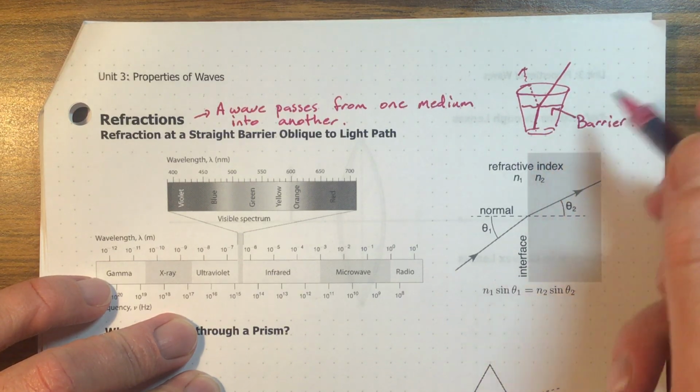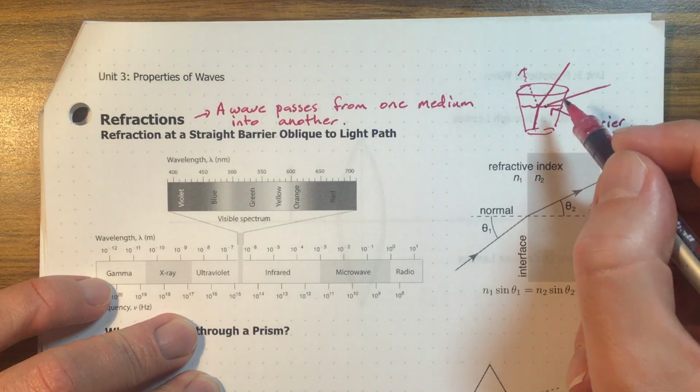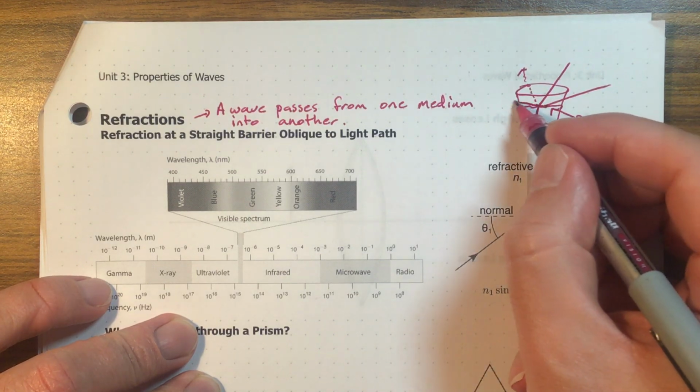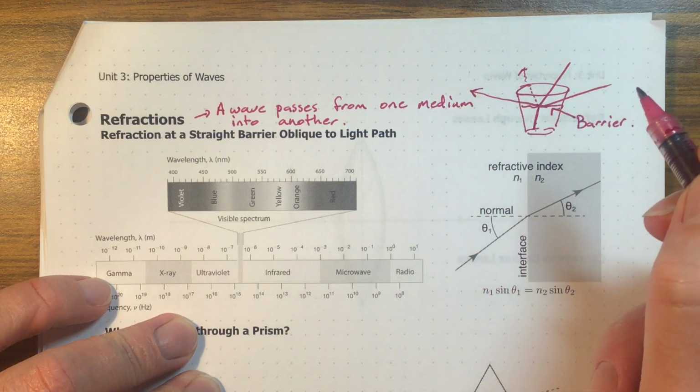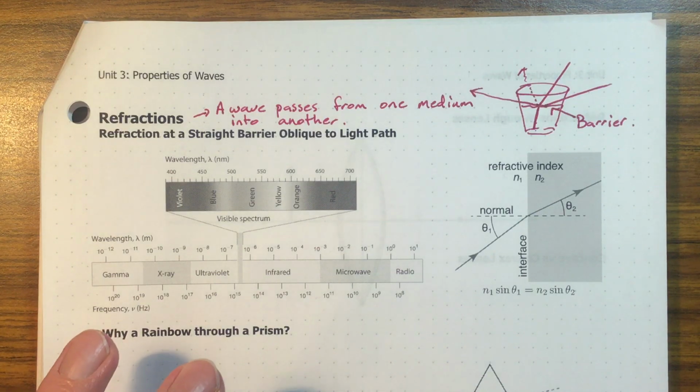If it hits at a shallow angle, then most of the light will reflect off. So whether the light goes into the other medium and refracts, or whether it bounces off, depends on the angle of the light hitting it.